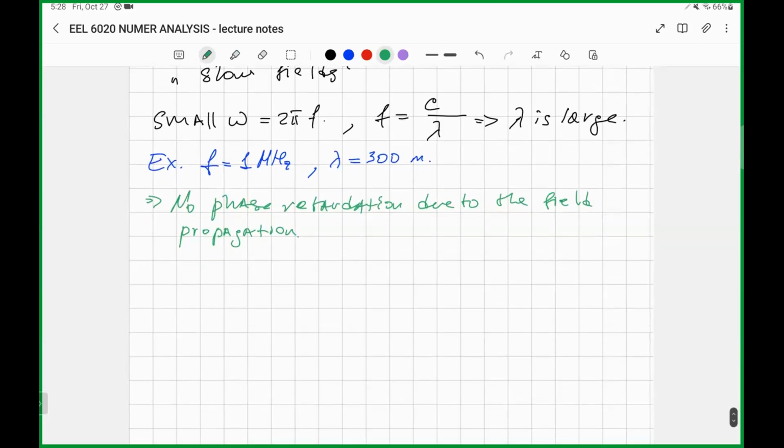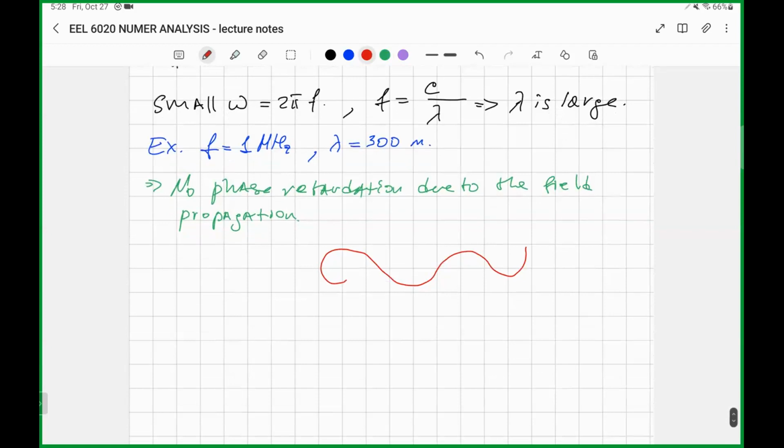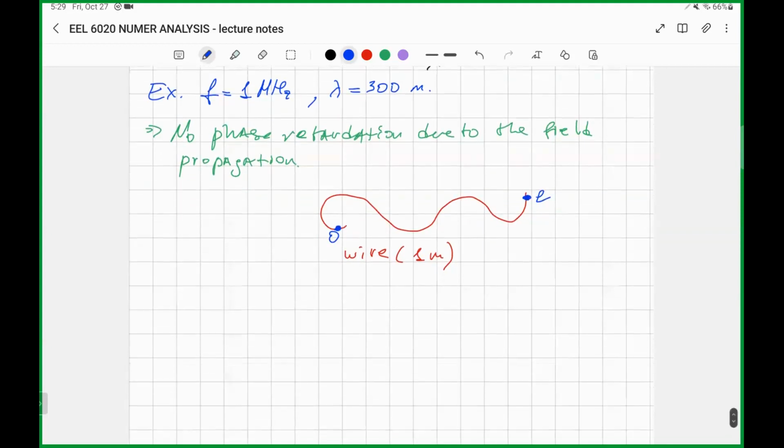For example, let's say we have a wire like this, and the length of this wire is 1 meter. If I compare the phase between the ends of this wire, this is the point 0, this is point L, where L is the length of the wire.